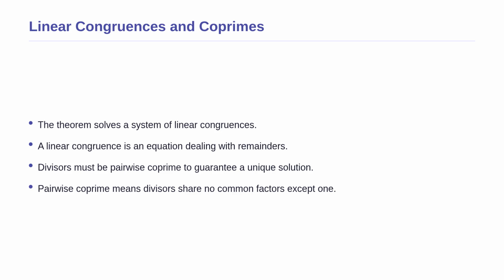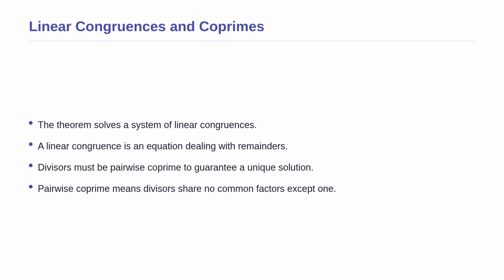Now that we understand the goal, let us look at the mathematical rules. The Chinese remainder theorem guarantees a unique solution to a system of linear congruences. A linear congruence is simply a formal way of writing an equation about remainders. However, there is a strict condition. The divisors in your system must be pairwise coprime.